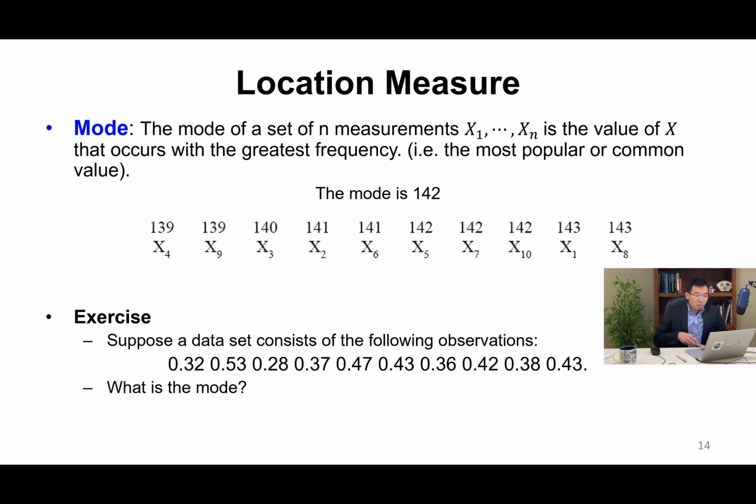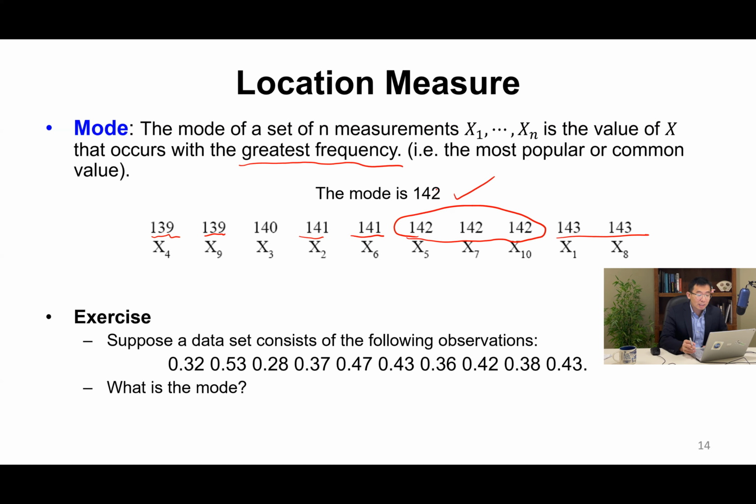So in this example, we can see that 139 appears twice, 141 occurs twice, 142 occurs 3 times, and 143 occurs 2 times. So the mode, the greatest frequency, this 142 appears 3 times. So the mode is 142 for this data set.